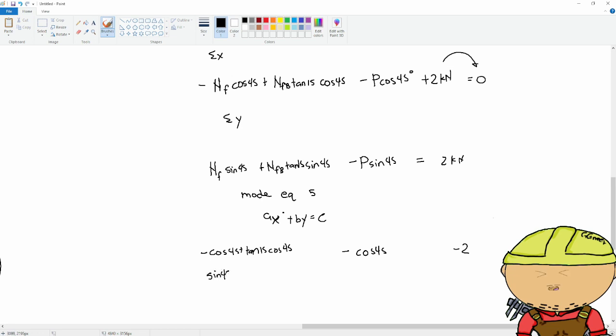Then sine 45 plus tangent 15 sine 45, negative sine 45, positive 2. I think that's supposed to be it.